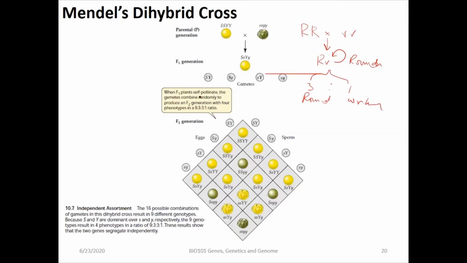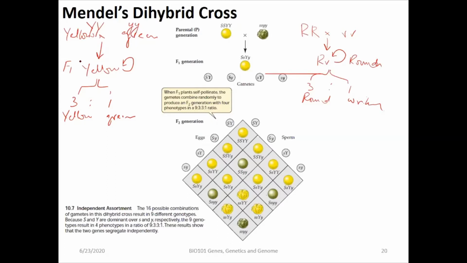Similarly, when I do a monohybrid cross and I use yellow with green, all the F1 was yellow. And when I self-cross F1 yellow, I get 3:1 yellow to green. And he knew that since yellow is dominant, he used capital Y, green is recessive, small y.